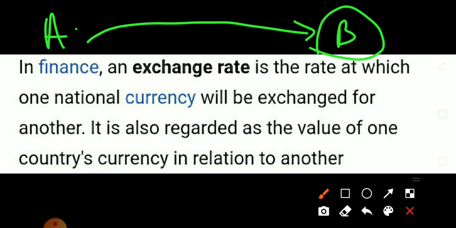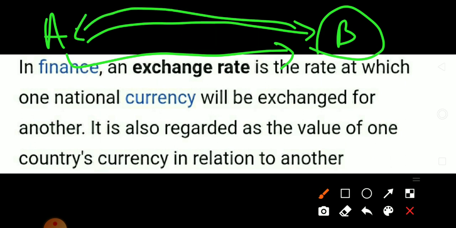So to complete the process, we need to exchange the currency from A to B. Similarly, if someone is coming from B to A, he needs to convert the currency from B to A. There is some institution that exchanges currency, and they also charge some commission.